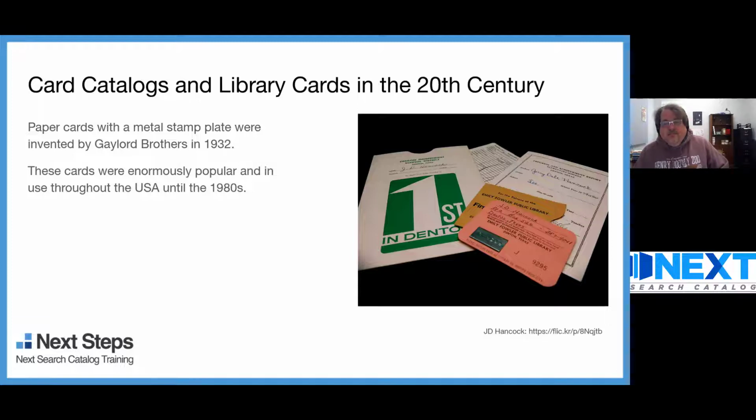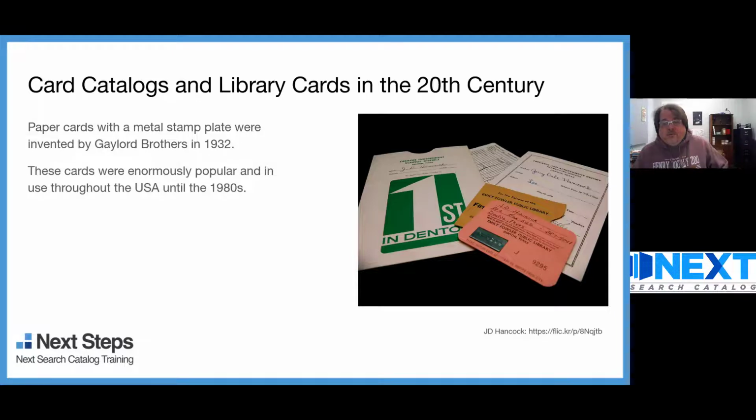They invented the metal stamp card in, I believe, 1932. And these cards were enormously popular and widely used throughout the United States of America all the way up until the 1980s. I actually had a metal stamp library card. It was the first library card I got, in 1975 at Idaho Falls Public Library.